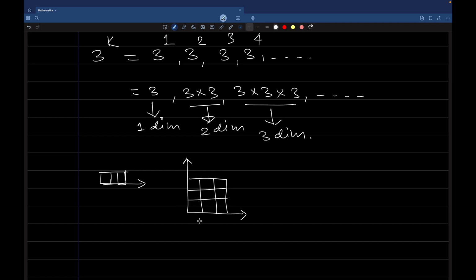We will get 9 cubes, in the x direction and y direction. Similarly for 3 dimensions, 3 in each direction, that is x, y and z.